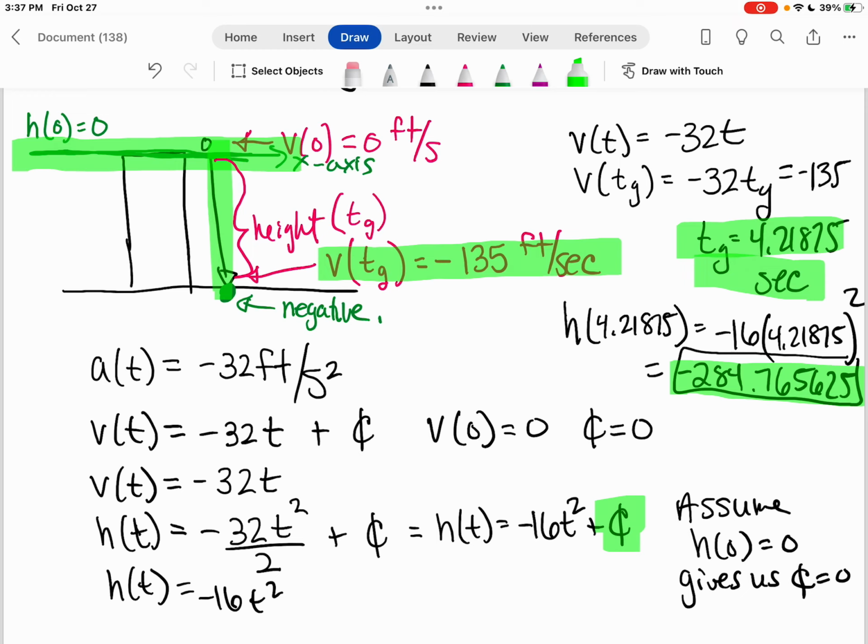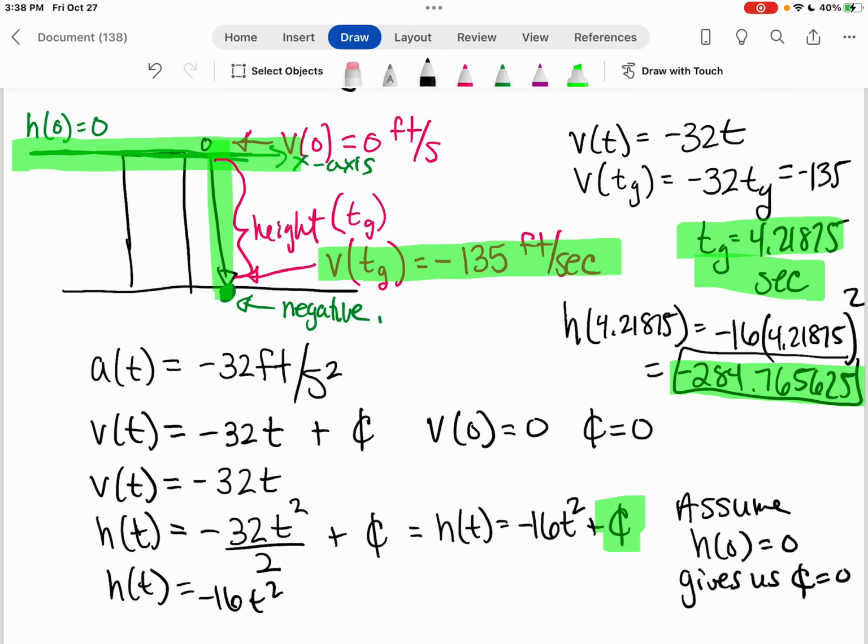Now, we anticipated that this was going to come out negative because of the way that we set up the problem. We set up the problem so h equals 0 is at the roof. So when it falls and it goes below that, if we imagine that that's the x-axis, when it hits the ground, that distance is going to be negative because it's below.